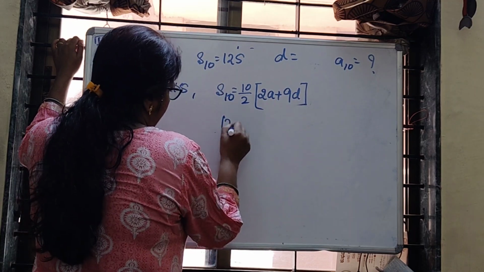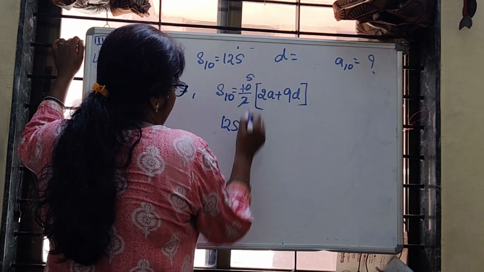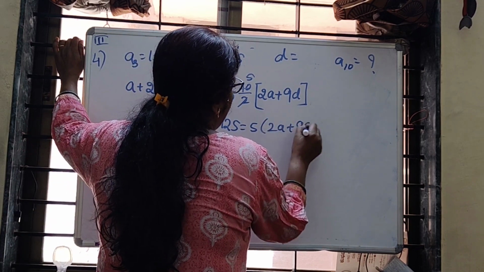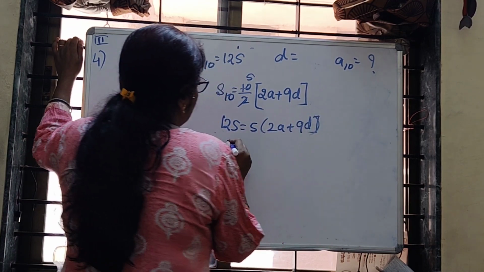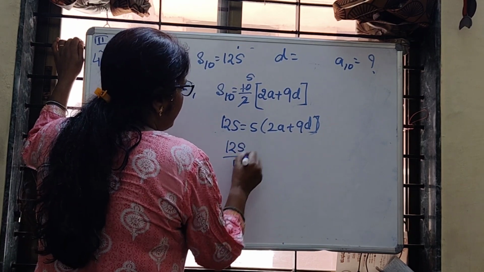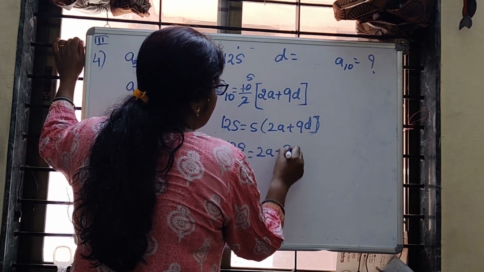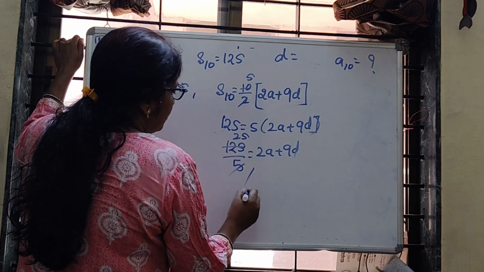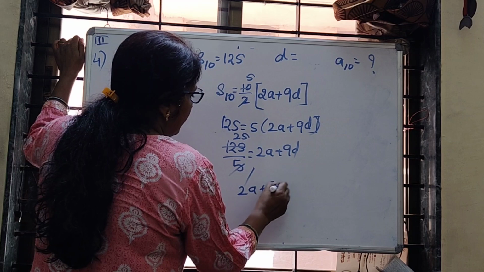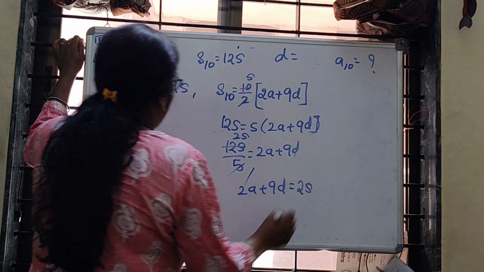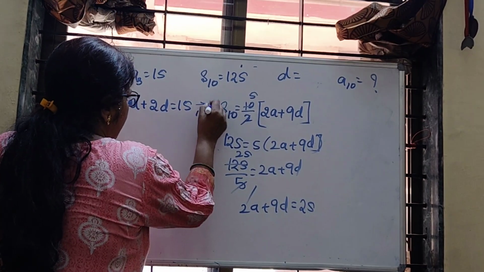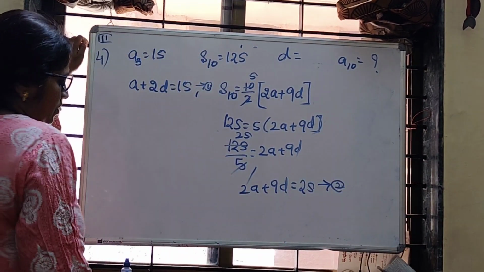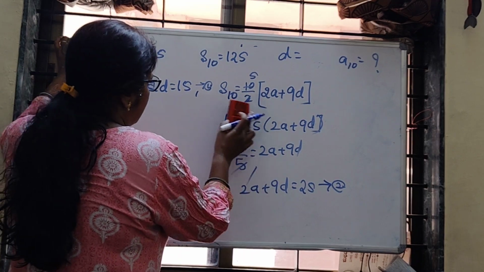So, S10 is 125, 2 5s are 10 is equal to 5, 2a plus 9d. So, 125 divided by 5 is equal to 2a plus 9d. 5 ones are 5, 5 25s are 125. So, 2a plus 9d is equal to 25. So, you can call this equation as 1 and this equation as 2. So, we are going to solve these two equations now.